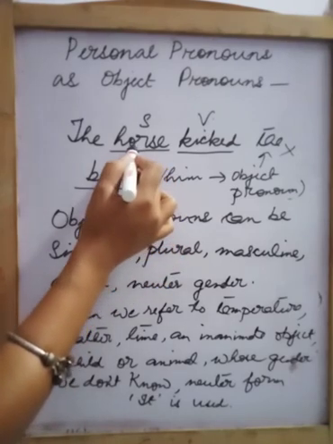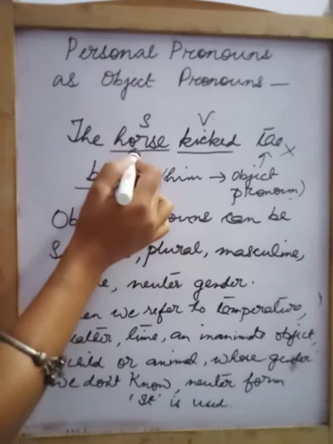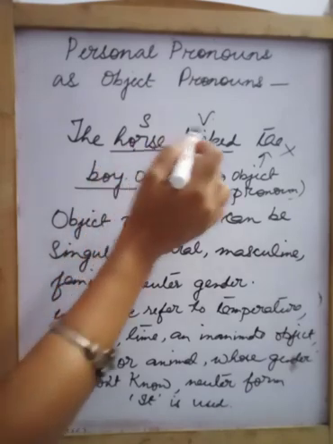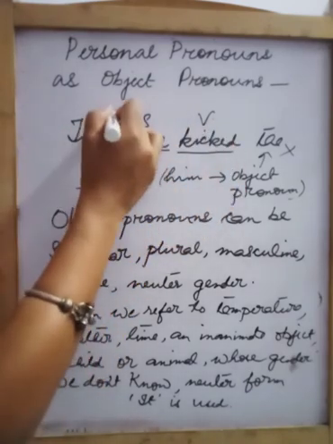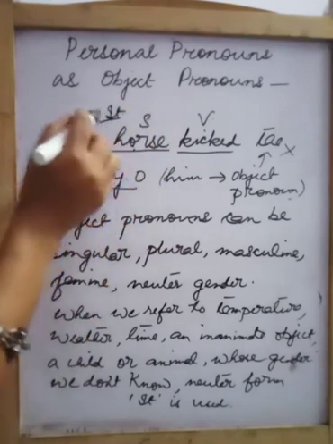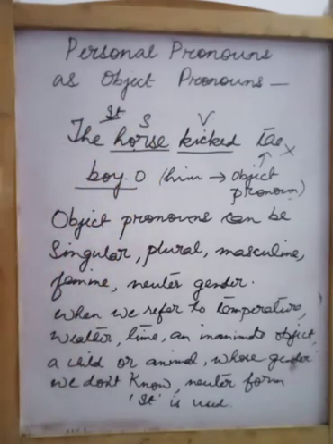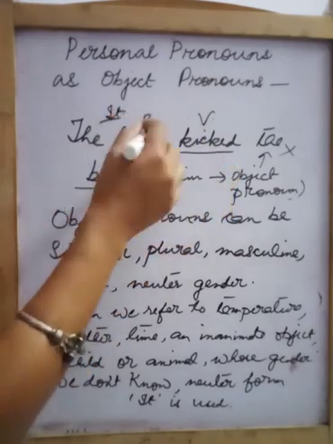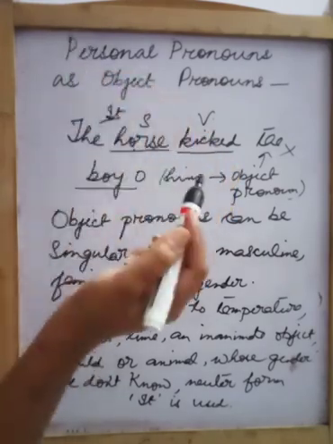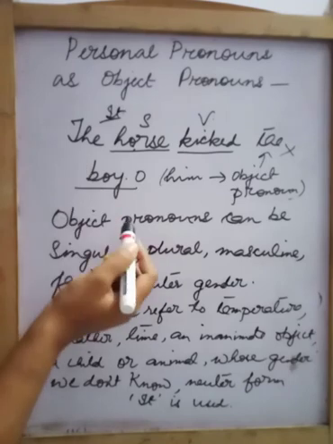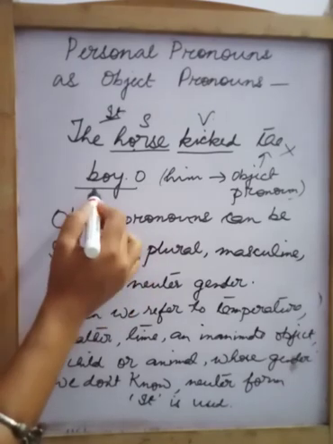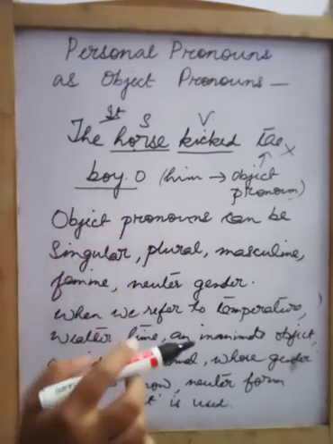This is the subject noun, horse, common noun, isn't it? Had I written "it kicked the boy", it would have become what? Subject pronoun. Remember, the subject is doing the action, kicked is the verb, the action being done, and the object is receiving the action, isn't it? So the boy. Fine. I hope I'm clear.